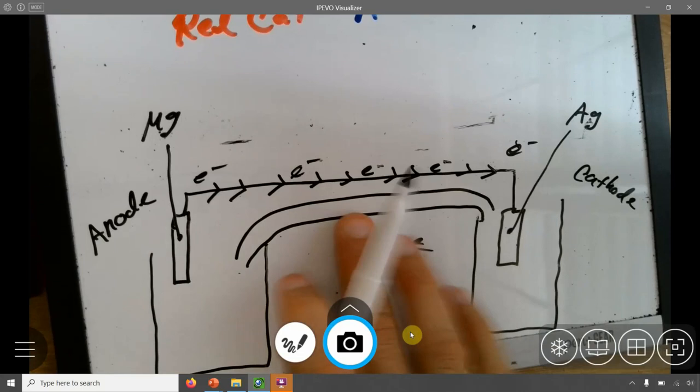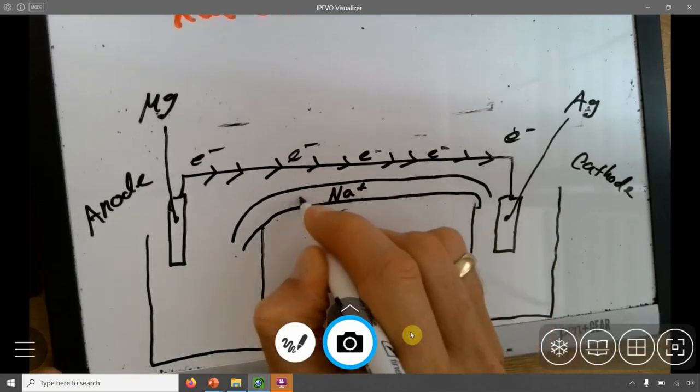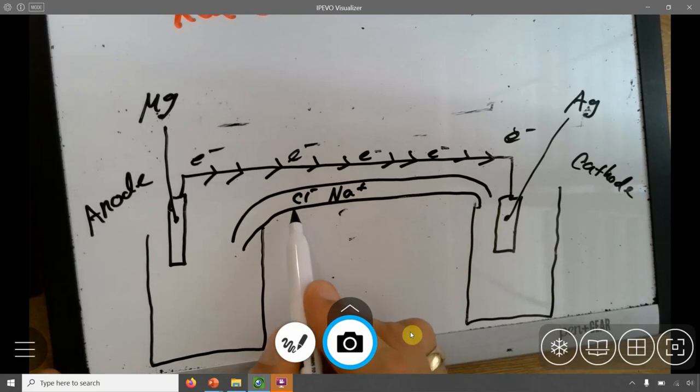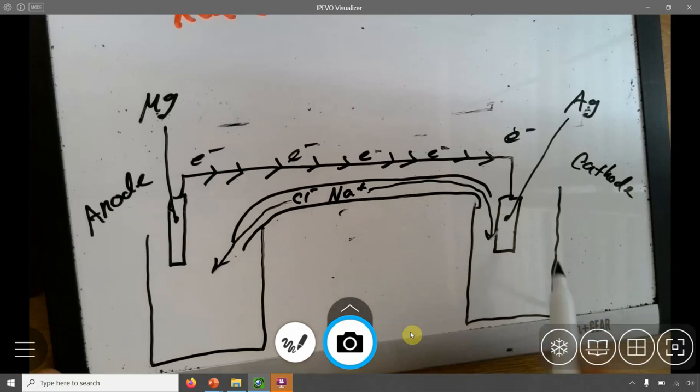I have NaCl in this salt bridge, Na plus and Cl minus. Well, the minus goes towards the anode, we said, and the pluses will go towards the cathode. That's how that would work. Okay, anything else am I missing? I don't think so. I think that's it.